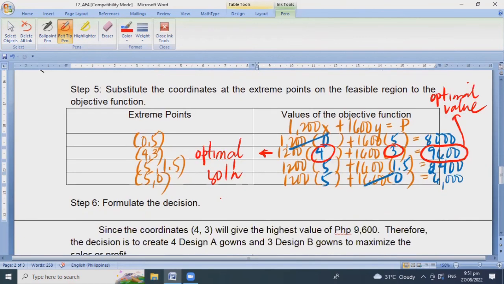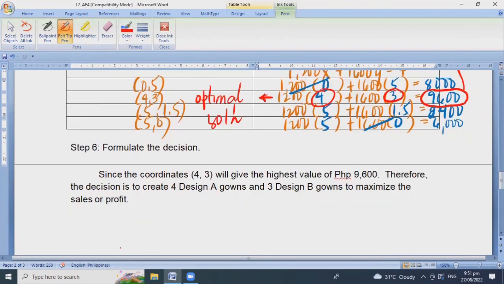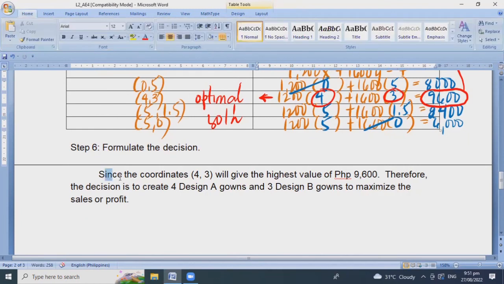And then afterwards, kung napili nyo na yung extreme point na mamamaximize ng profit, pwede nyo itong i-conclude. Since the coordinates 4, 3 will give the highest value of 9,600, therefore, the decision is to create 4 design A gowns and 3 design B gowns to maximize the sales or profit. Final answer. So I hope you understood this given problem.